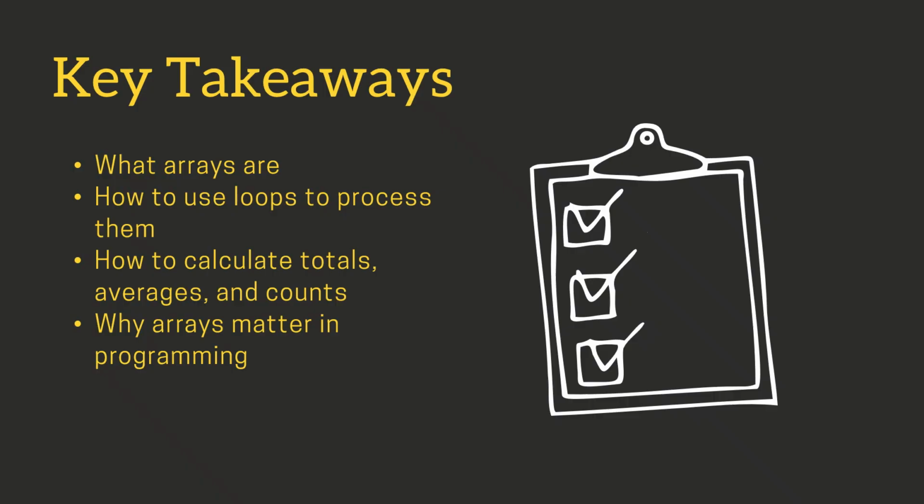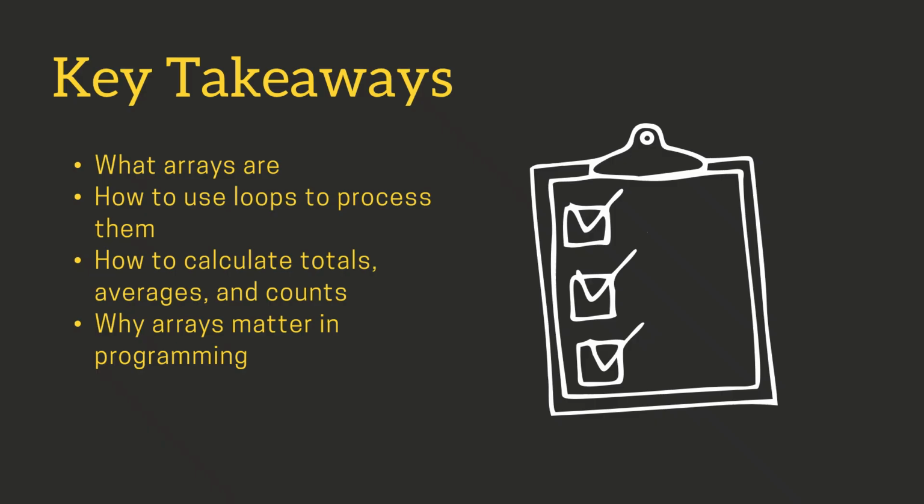Loops are used to populate and process arrays. Now you can use arrays to say what? Calculate sums, averages, find maximums, and count occurrences. Understanding arrays is going to help build the foundation for more advanced structures like lists, dictionaries, and objects.